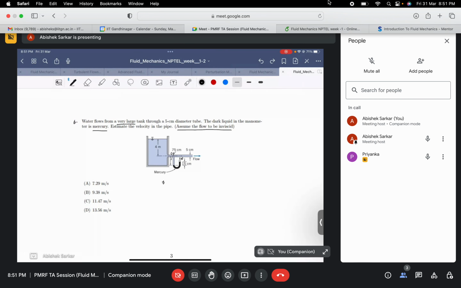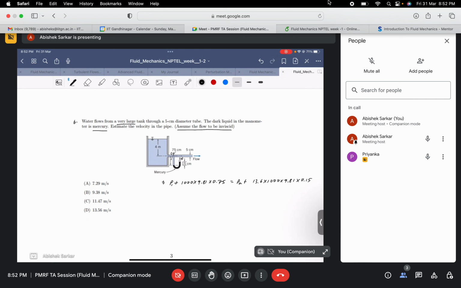I equated the pressure. So tell me this: P1 plus 1000 into 9.81 into 0.75 is equal to atmospheric pressure plus 13.6 into 1000 into g into 0.15.